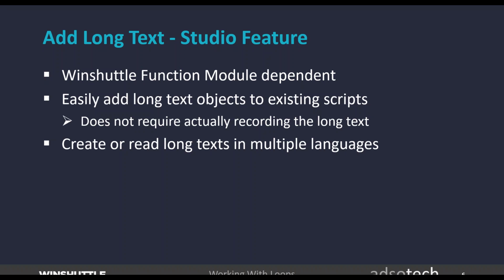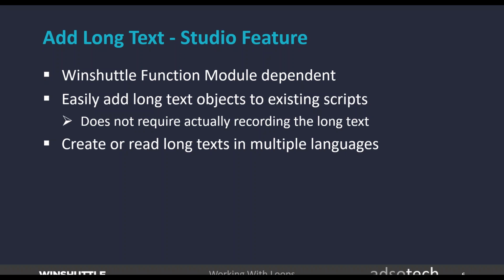Then this add long text feature makes life so much easier, because you don't have to actually record the long text process itself. You'll need some kind of script, either an existing script or you can record a new script, and then you can quite easily later on add a long text object to your script, or add multiple long text objects.